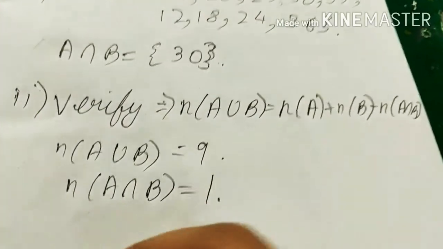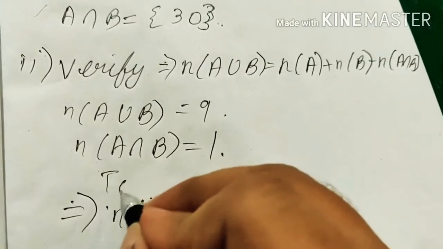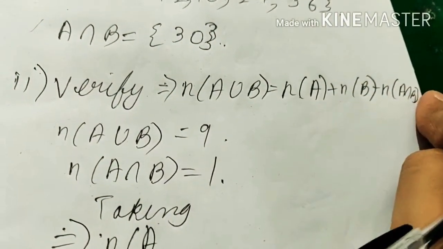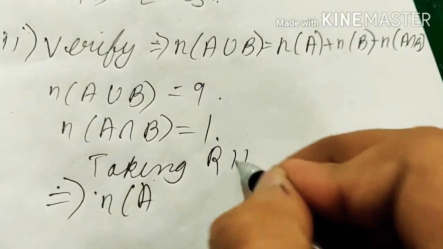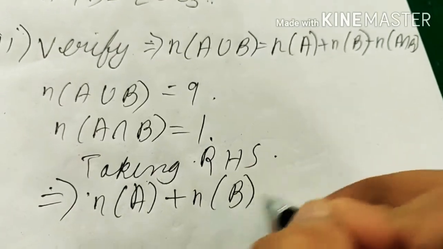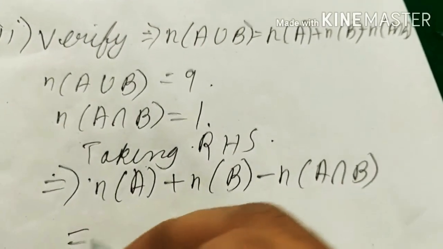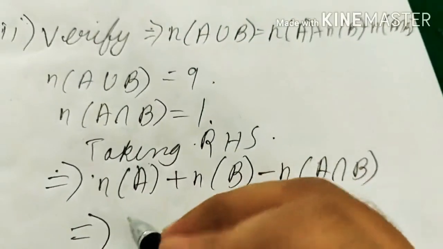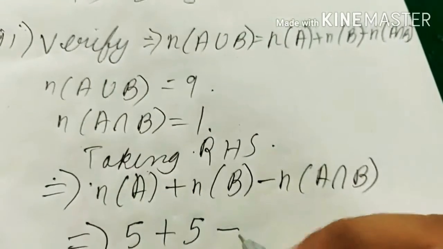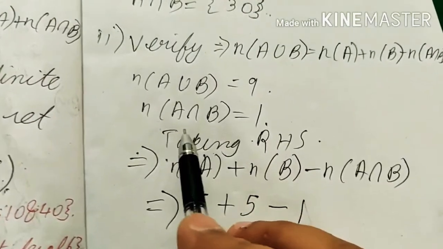So if we check the right hand side, taking RHS, n of A plus n of B minus n of A intersection B. Here n of A is 5, n of B is 5, n of A intersection B is 1.